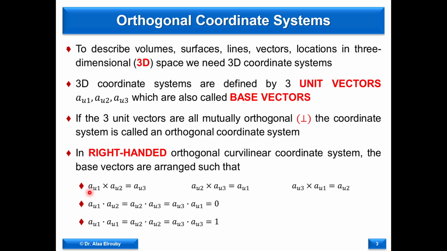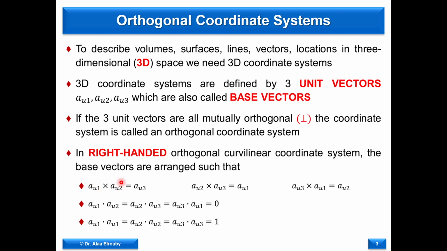So in this right hand orthogonal coordinate system, the 3 unit vectors are perpendicular to one another. So if we have a cross product of au1 cross au2, the result would be a unit vector that is perpendicular to 1, perpendicular to 2, and this must be 3, au3. So those vectors are the unit vectors of a specific coordinate system, and you must keep the order.